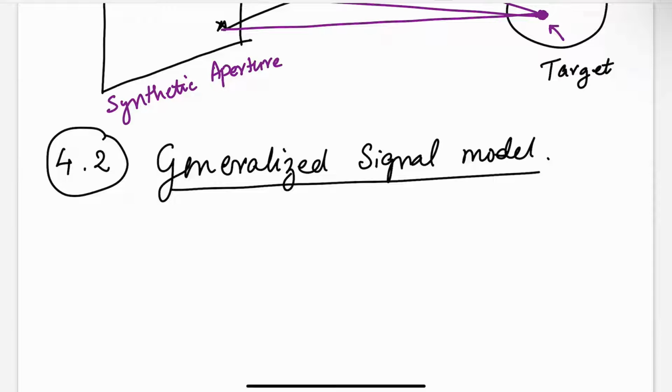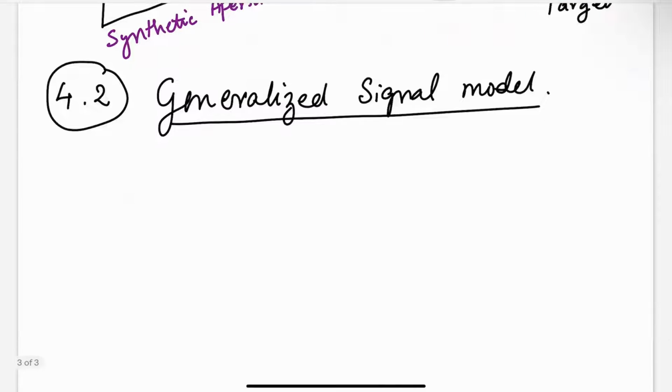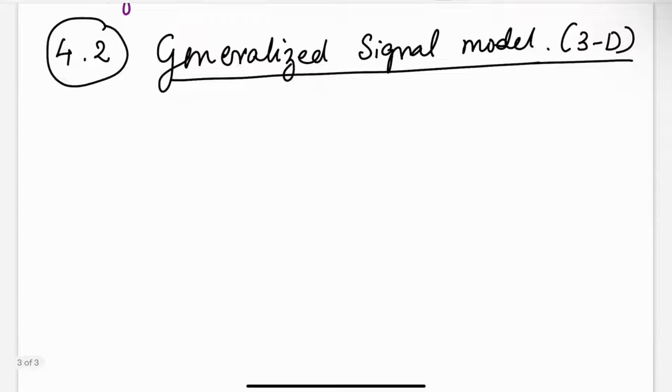But that was only for a single radar over a bandwidth. Here we want to look at the 3D signal model, right? And we want to generalize it for all 3 of them so that we can treat all 3 radar systems the same: FMCW, stepped, and pulsed. Okay, so let's do that.